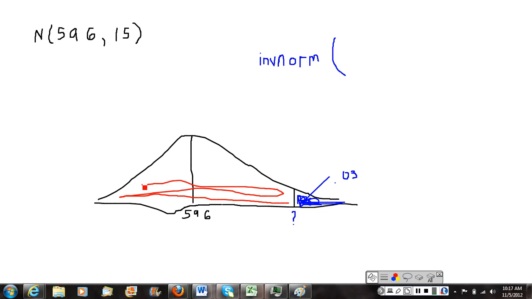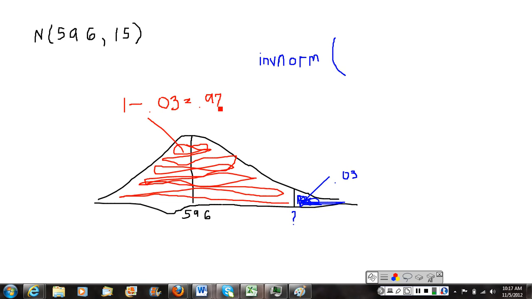And how do we find that? Well, we use the fact that for a normal distribution, or for any statistical distribution, the area under the curve is always 1. So this area in red is going to be 1 minus this area over here, which was 0.03. When we calculate that out, it's going to be 0.97. And that's what we have to enter into the inverse norm command.